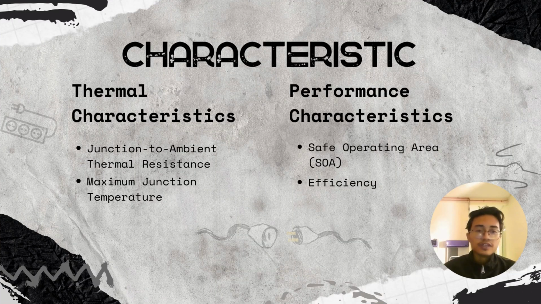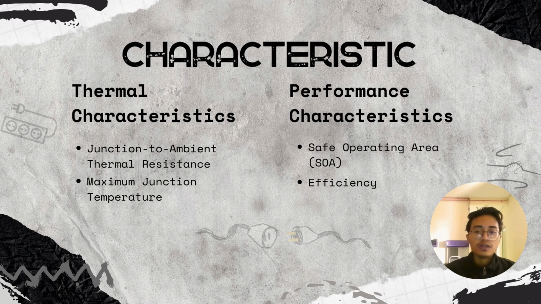For characteristics of power MOSFET, in the slide I only include two characteristics. First, thermal characteristic. Junction to ambient thermal resistance is the resistance to heat flow from the MOSFET junction to the surrounding ambient environment.